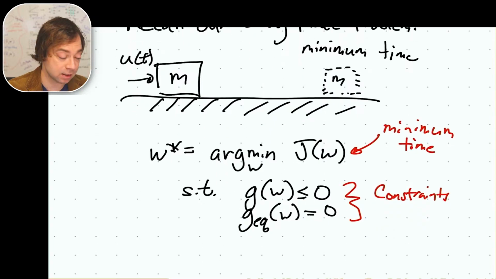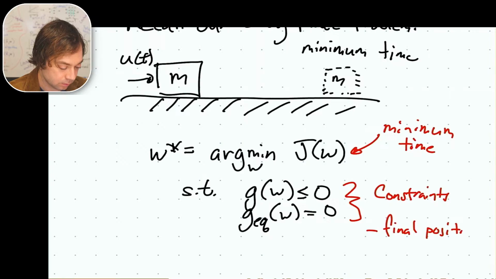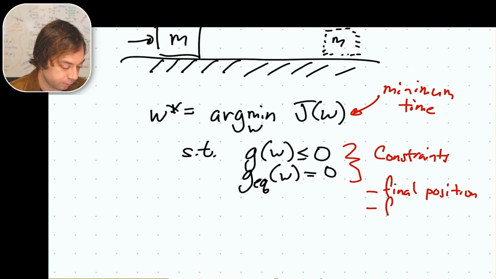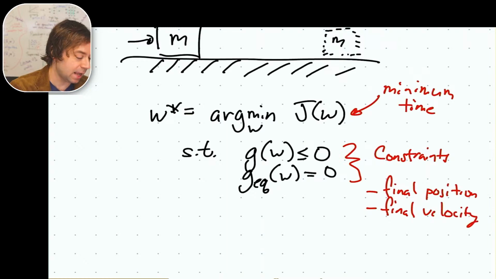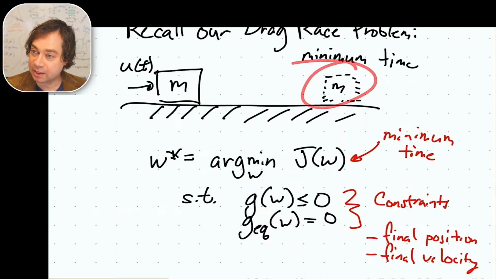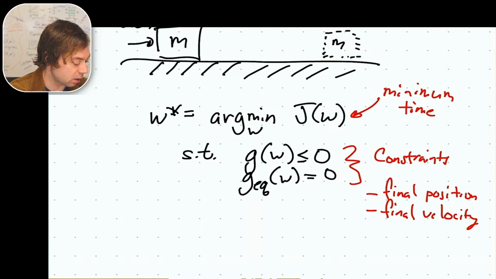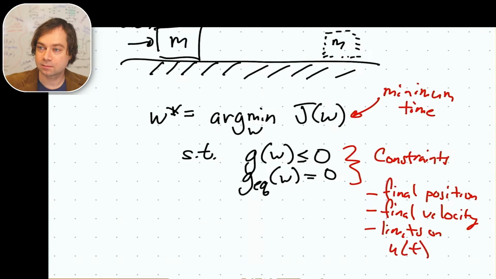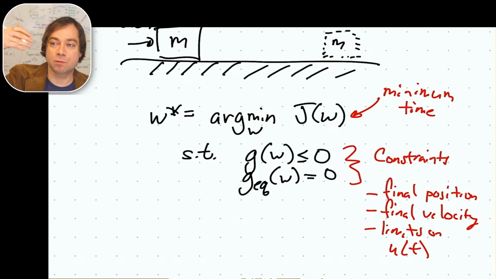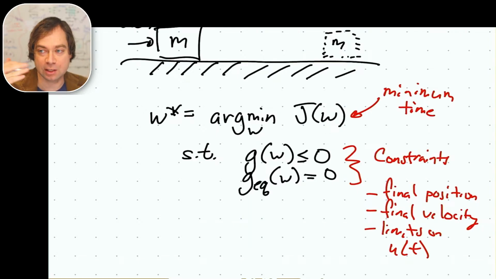They were things like our final position and final velocity, where we got to end right here and we got to come to rest. And also we had limits on U of t. We have only so much acceleration and deceleration that we can do, right?